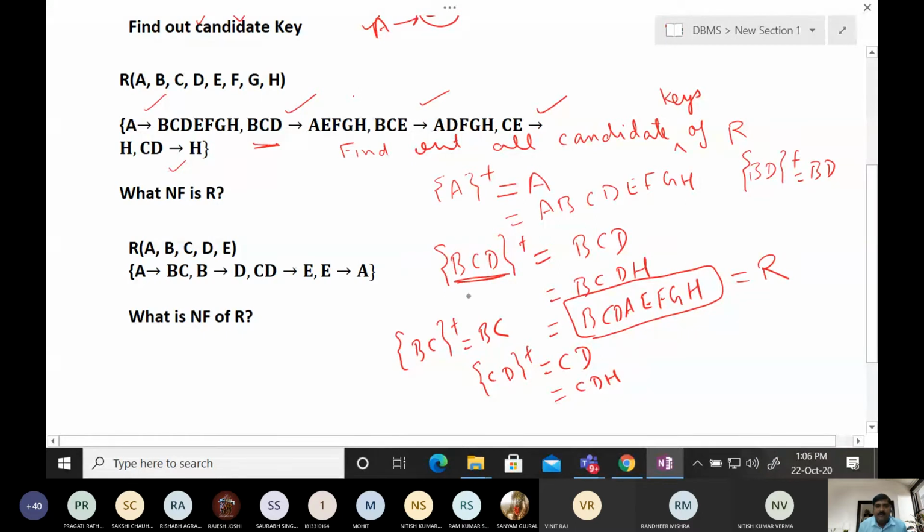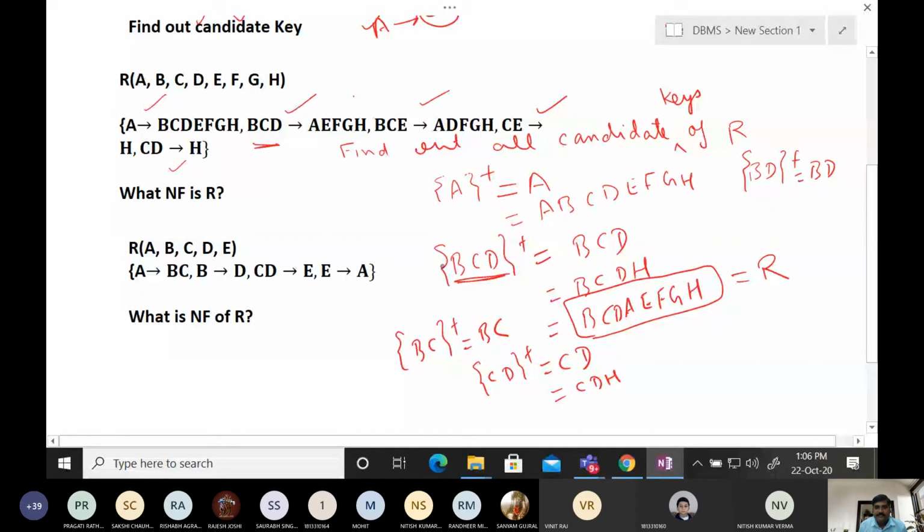Now let me know another set of attributes which acts as a candidate key. There may be multiple candidate keys. Please let me know.